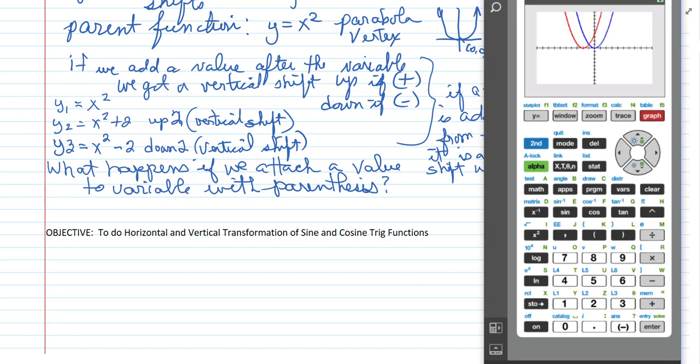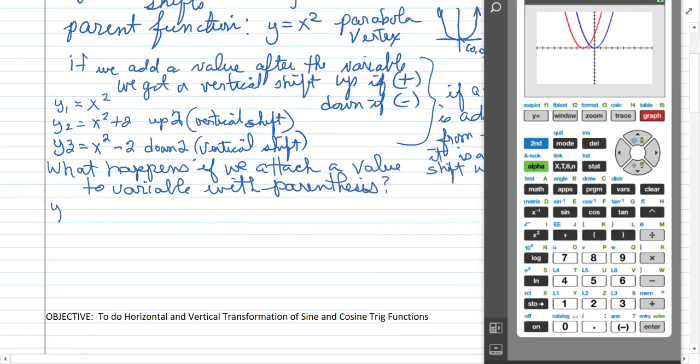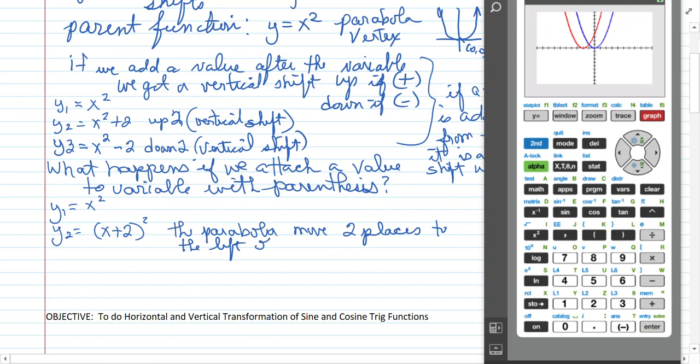If we have y1 equal to x squared and y2 equal to x plus 2 squared, the parabola moved 2 places to the left of origin, right? So it was the opposite sign direction.